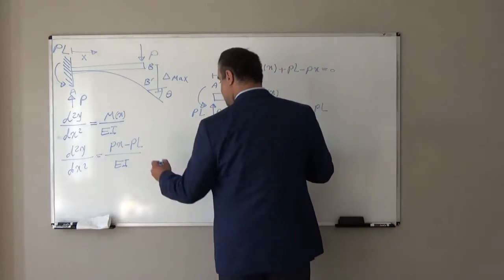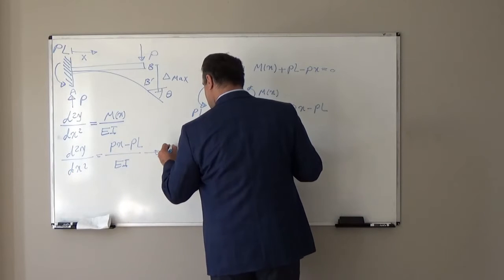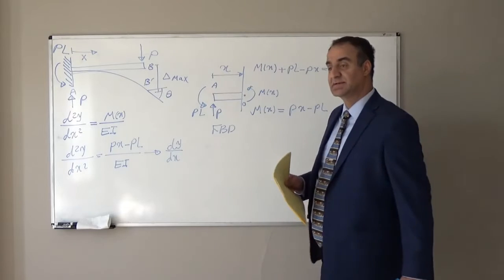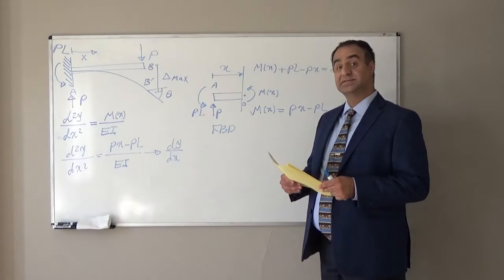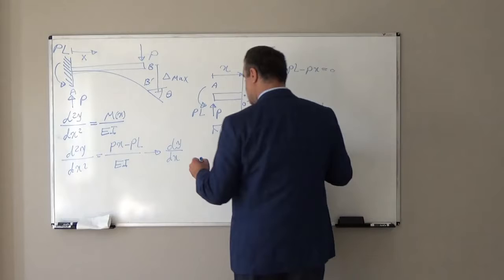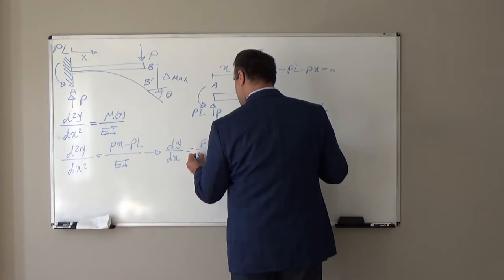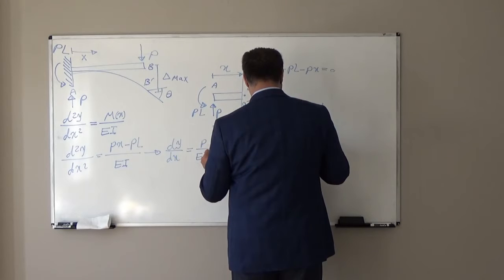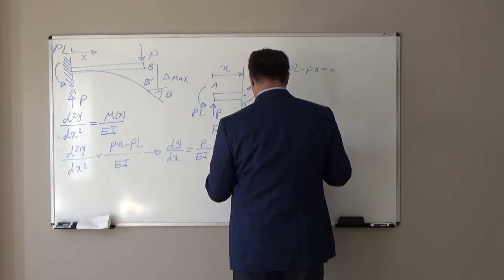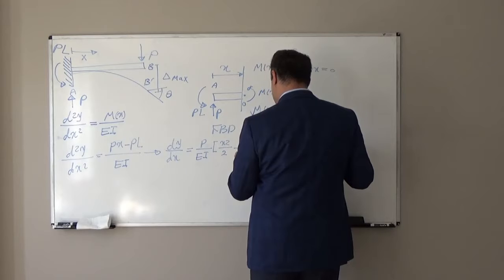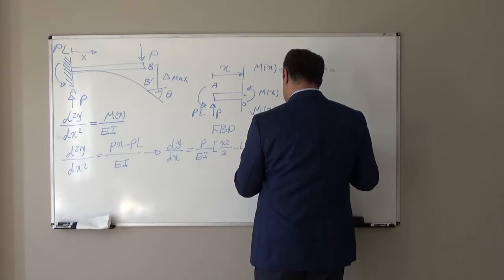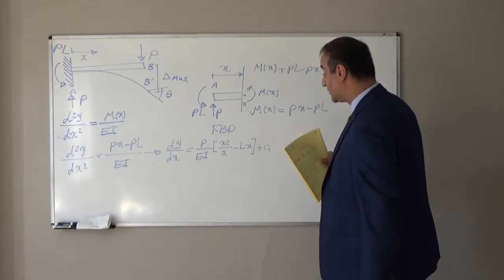If I integrate this one time, I will find dy over dx. dy over dx in a curve is the slope of that curve. So it will be equal to P over EI times x squared over 2 minus Lx plus c1. c1 is unknown.